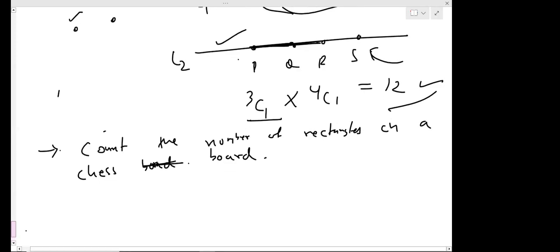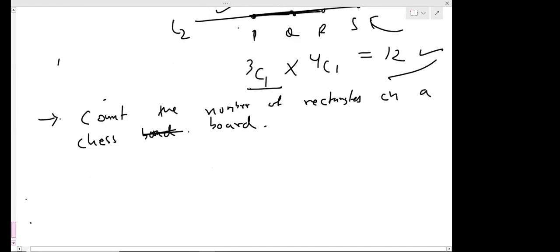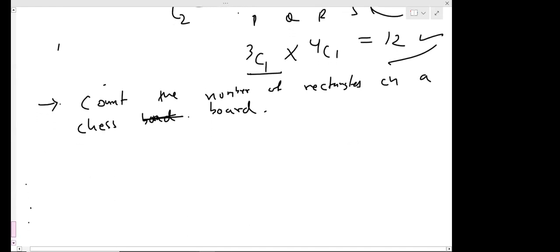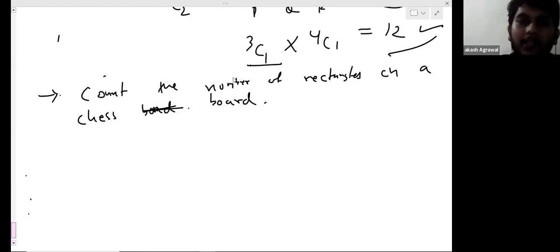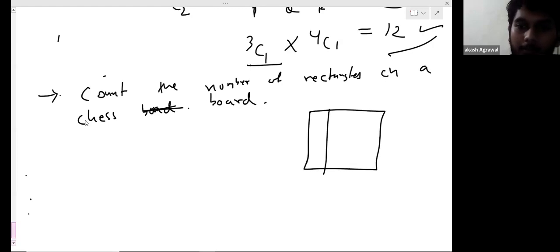What, any idea? No, sir. See, how many lines do you require? The chessboard has rectangles or squares? Yes, but they are asking rectangles. So how to do that?